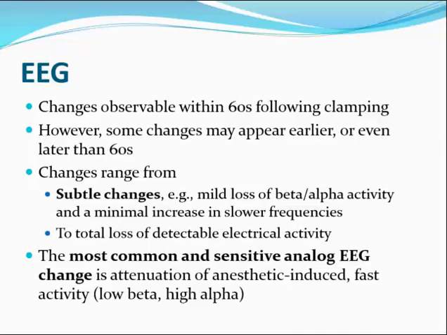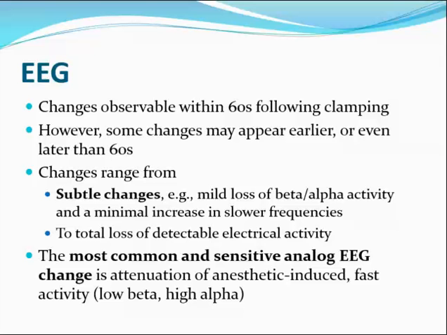So, as we say, changes are observable within 60 seconds following clamping. However, some changes may appear earlier or even later than 60 seconds. The changes may range from subtle, for example, mild loss of beta and alpha activity and a minimal increase in slower frequencies, to the total loss of detectable electrical activity.